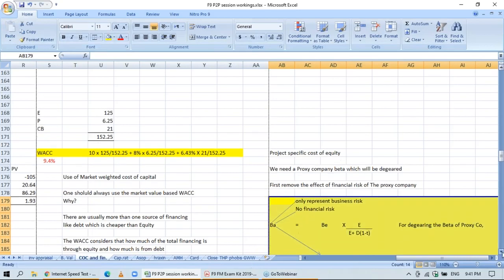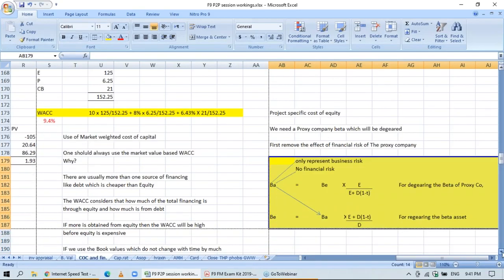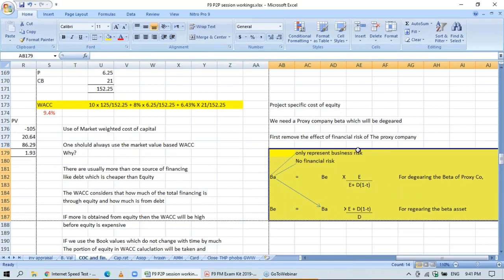Read in the yellow, beta asset BA. BA is the beta asset and only represents the business risk, no financial risk. So the formula is beta equity of the proxy company multiplied by the equity of the proxy company divided by the equity of the proxy company plus debt multiplied by 1 minus tax of the proxy company.